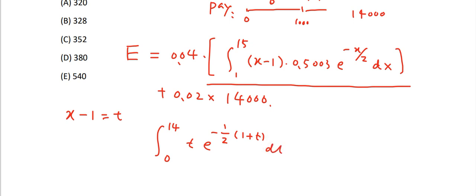We can take the negative half outside, so this equals the integral from 0 to 14 of t times e to the negative half t dt.